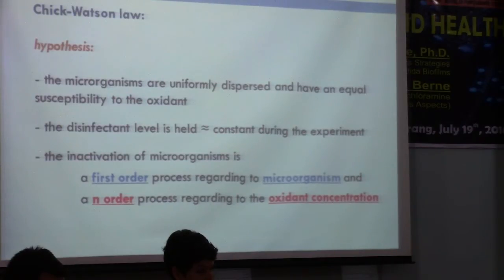First, the microorganisms are uniformly dispersed and have an equal susceptibility to the oxidant. The disinfectant concentration is constant during the experiment, and we have a kinetic law, first order regarding microorganisms and n order regarding oxidant concentration.